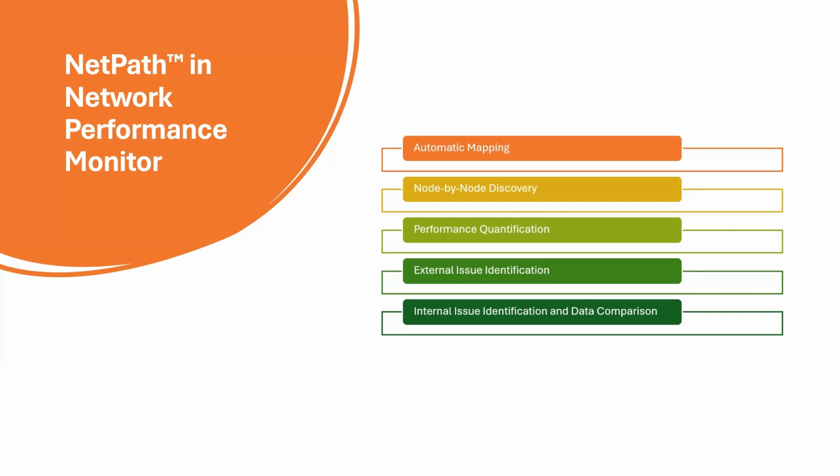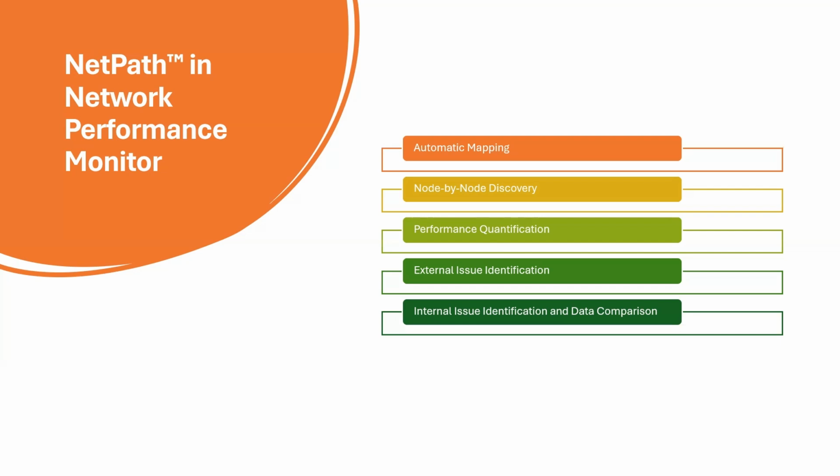The key features of NetPath: we will start with automatic mapping. It does automatic mapping from source to destination. Whatever nodes are connected in between, and the ISP and everything, it will provide you a visual on your screen.